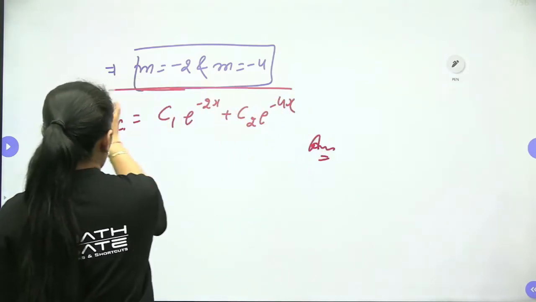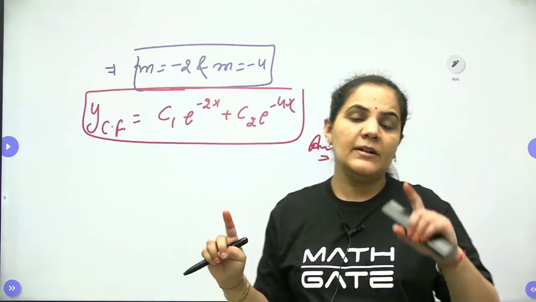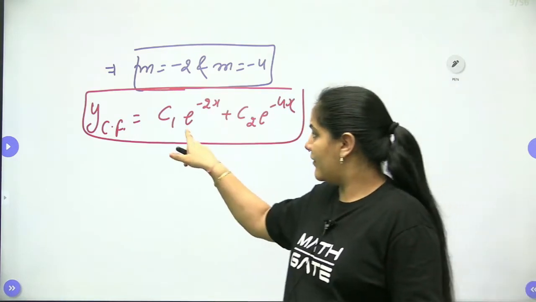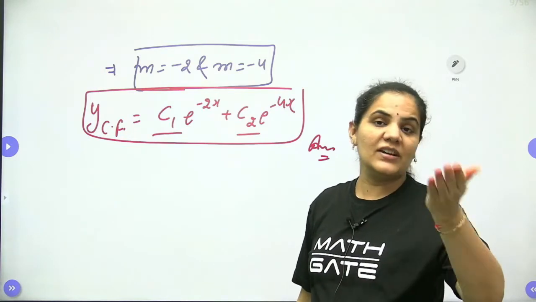This will be your answer. Now in the GATE examination, two types of questions can be framed. The first pattern is where we have to write the answer in the form of constants only, meaning C1 and C2.